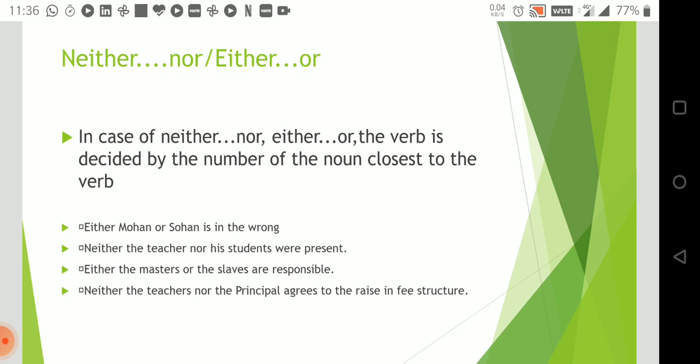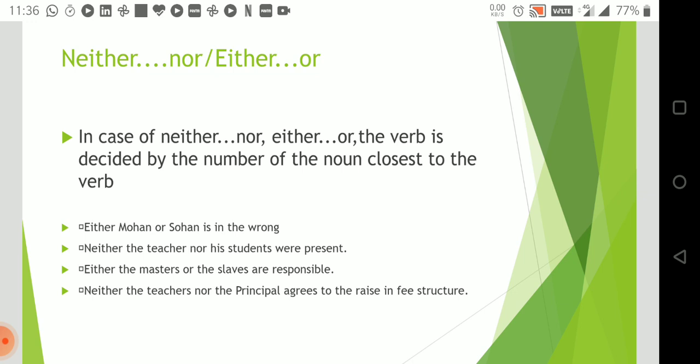When we use neither nor and either or, if both the subjects are singular, then the verb is singular too. Also, in this case, the singularity or the plurality of the verb is decided by the noun closest to the verb. For example, if I say neither the teacher nor the students were present.